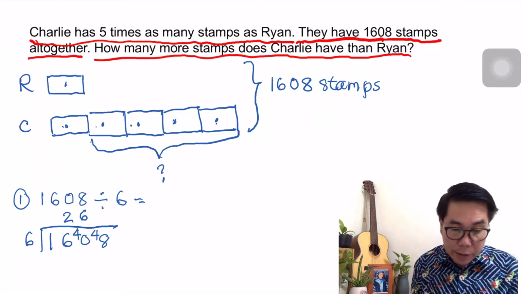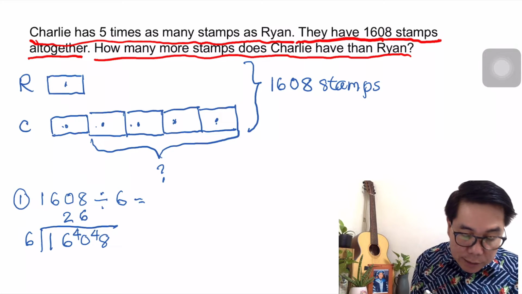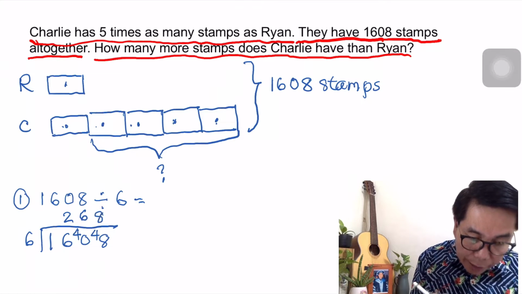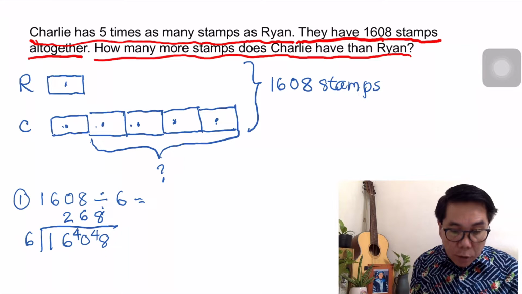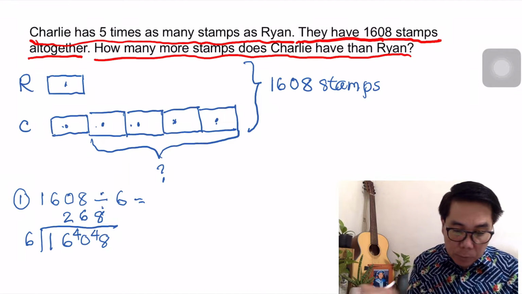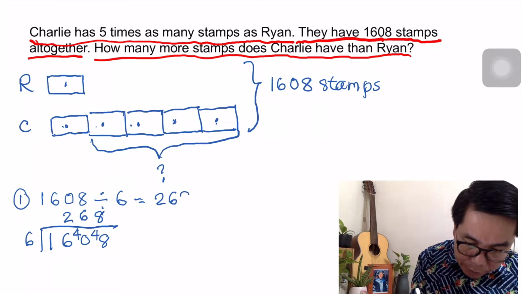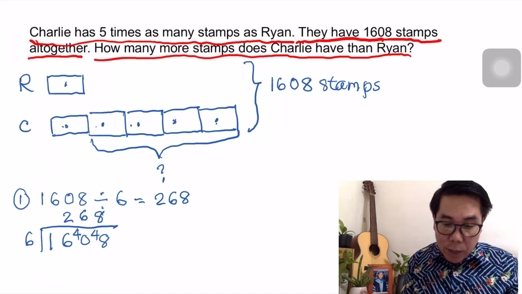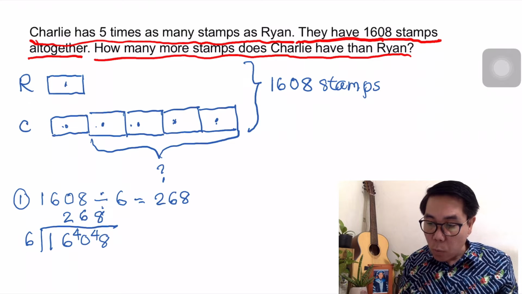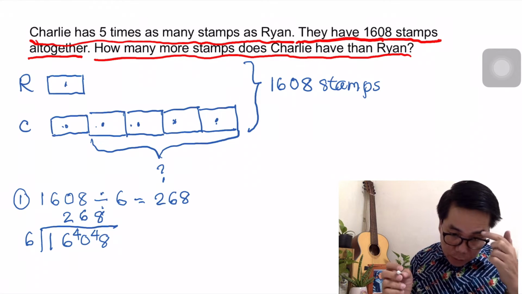So we have 48 there. 48 divided by 6 is 8. 8 times 6 is 48. 48 minus 48 is 0. So the answer is 268. Now, so 268 is 1 unit.